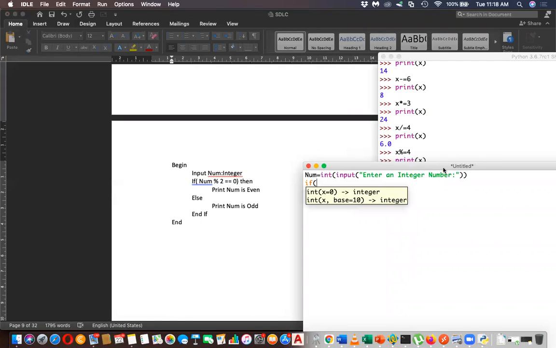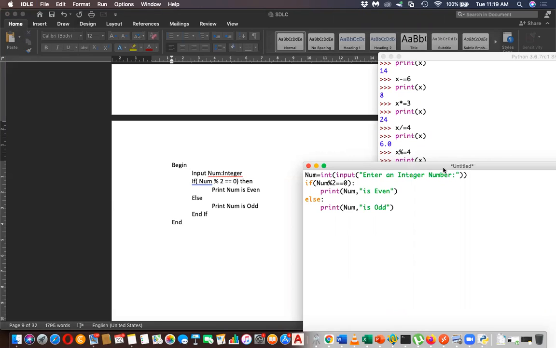Then if num modulus 2 equals 0, print num is even, else print num is odd.